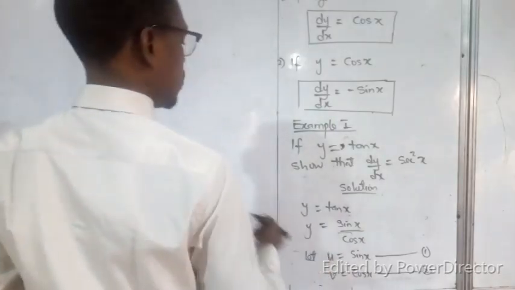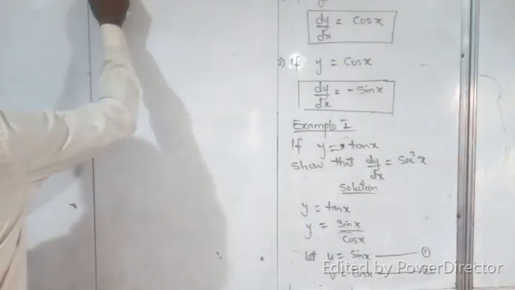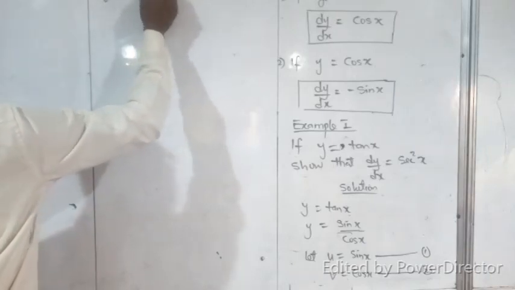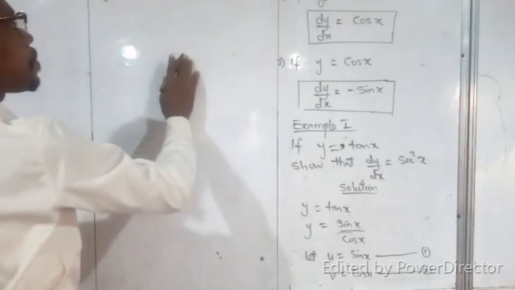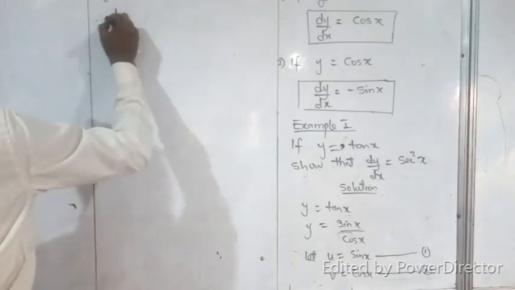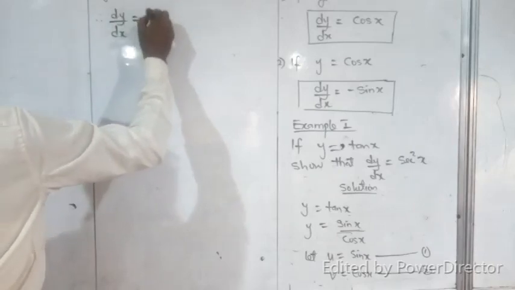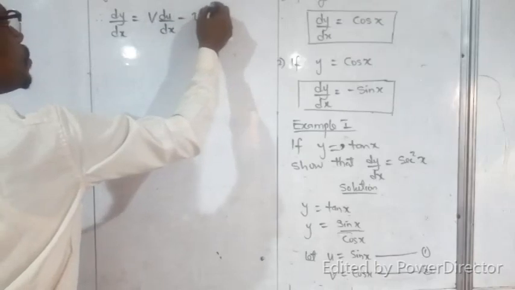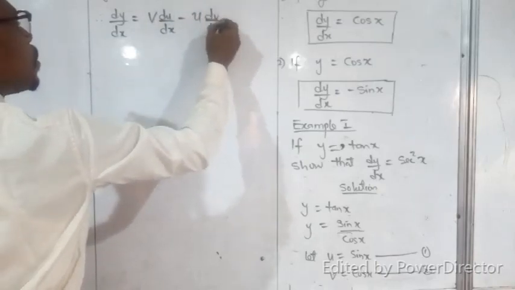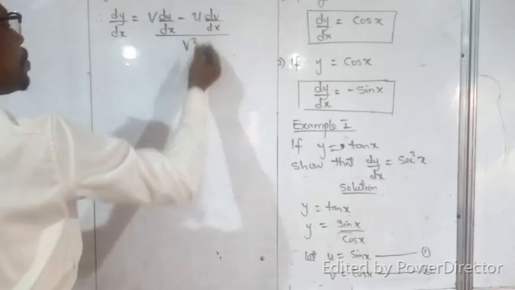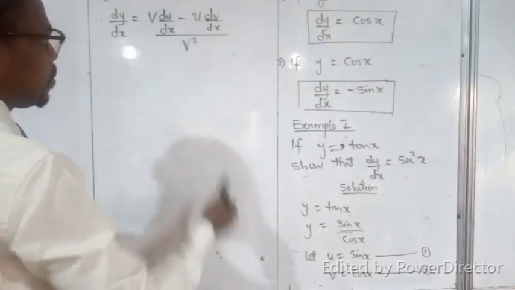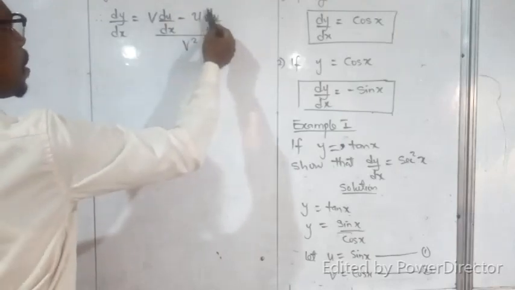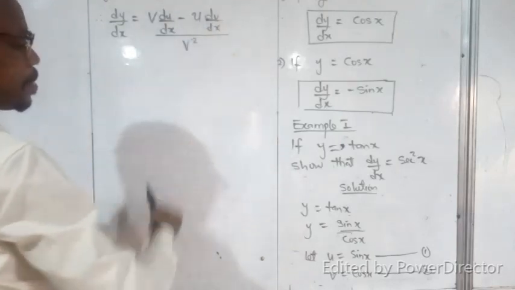So that will make this equation become y is equal to u over v. That is equation 3. Therefore, dy dx will be v du dx minus u dv dx over v squared. So from this, we're going to find derivative of u with respect to x and derivative of v with respect to x.